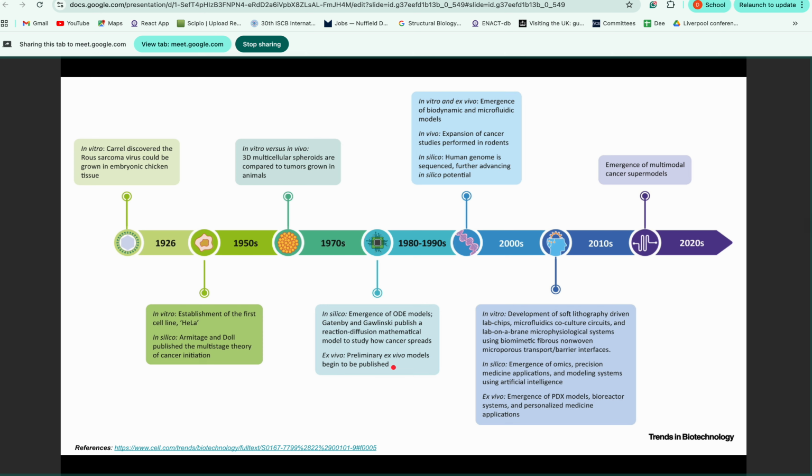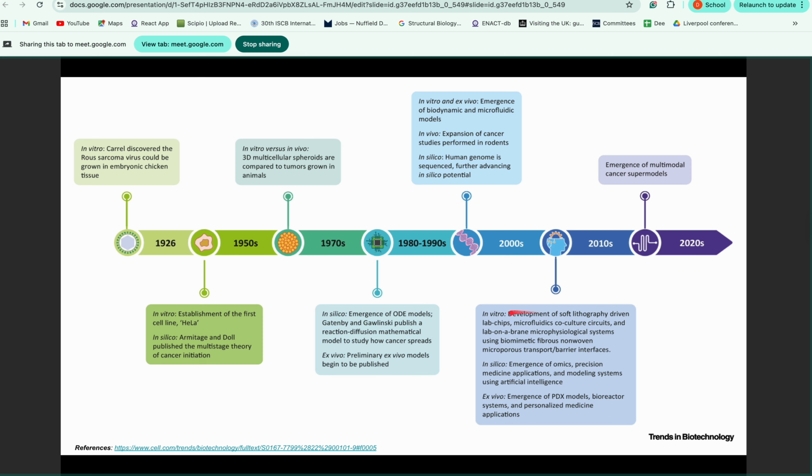Then ex vivo, preliminary ex vivo models began to be published. Then after the 1990s, in vitro and ex vivo, emergence of biodynamic and microfluidic models, in vivo expansion of cancer studies performed in rodents. And in silico, the human genome was sequenced, further advancing the in silico potential.